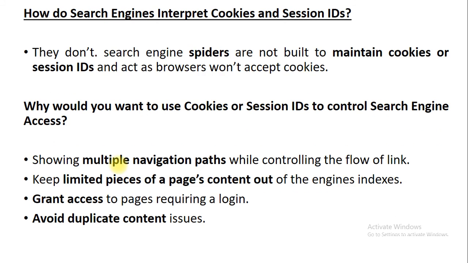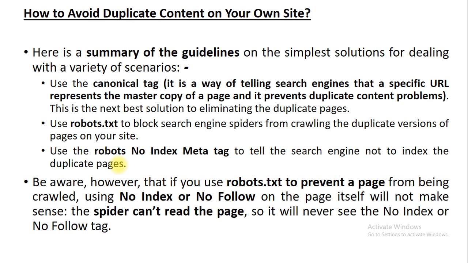Now the second last point is how to avoid duplicate content on your website. Here is the summary of guidelines on the simplest solution for dealing with a variety of scenarios. First of all, you need to use a canonical tag.